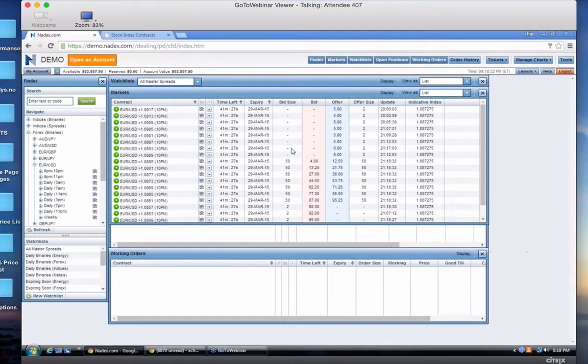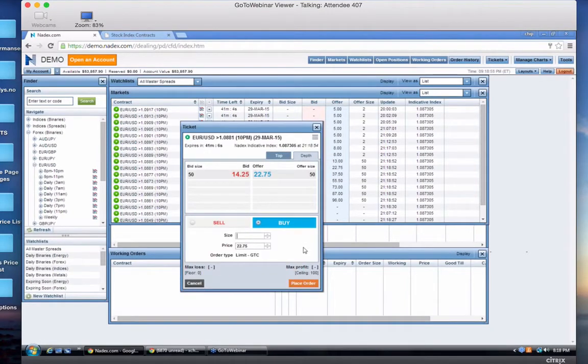The offer is the lowest price that someone's willing to sell at, and this is the first level. Now, if you click on one of these levels, let's say we'll take the 1088.1, and I click on the offer price, that will give me a buy ticket.